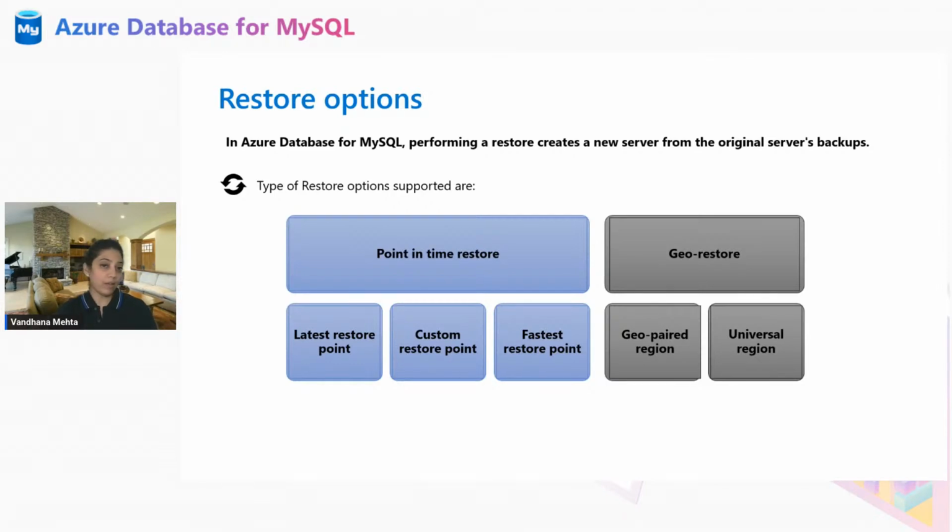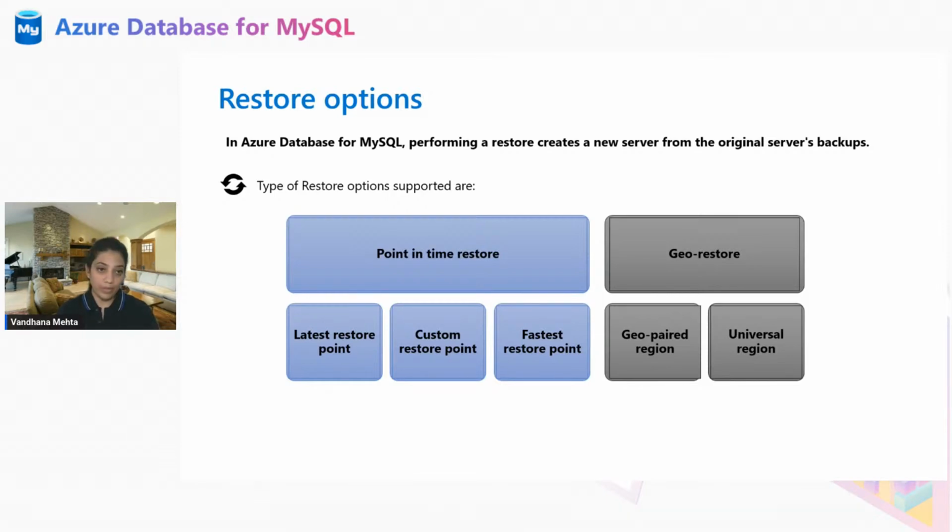Here you have two options. Either you can restore to a geo-paired region, or if you are strict on data residency requirements, you can choose to restore these backups to any Azure supported region. That's the flexibility you will have when you pick GRS as your resiliency backup option.